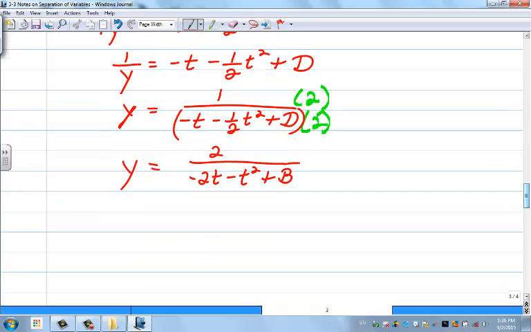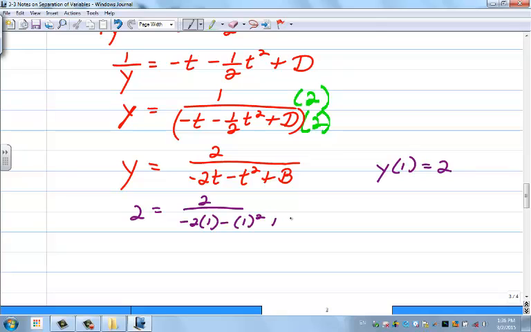All we need to do at this point is plug in our initial condition. We know that y of 1 is equal to 2. So when t is 1, y is 2. So I'm going to go ahead and say 2 equals 2 over negative 2 times 1 minus 1 squared plus b.